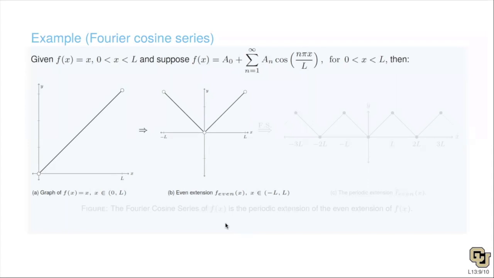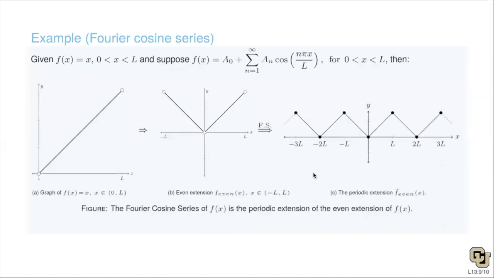Now I have a function defined on minus L to L. Take the Fourier series of that function, and boom, you get the Fourier cosine series of the original function f, or the Fourier series of the even extension of the function f. And here, all the smoothing's been done, right? All the removable discontinuities have been smoothed over. In this case, there are no jumps.